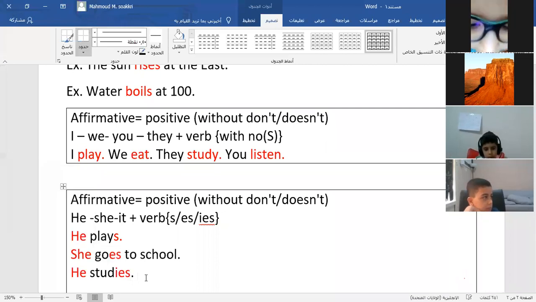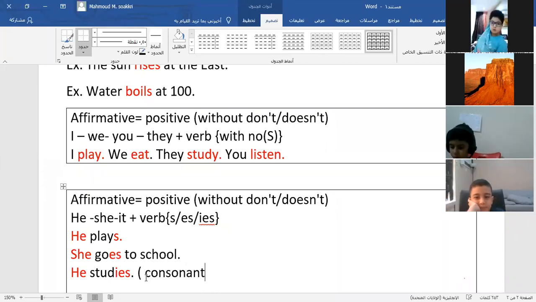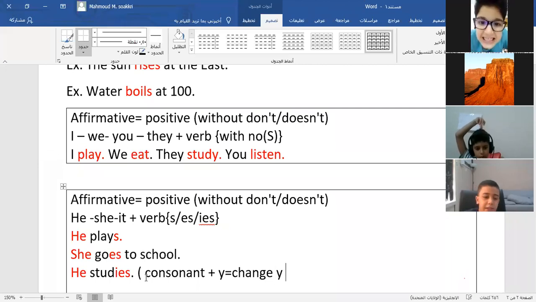Why did we put ies? Look. Consonant plus y, change y to ies. This is the rule.